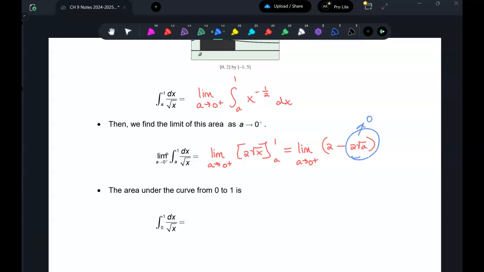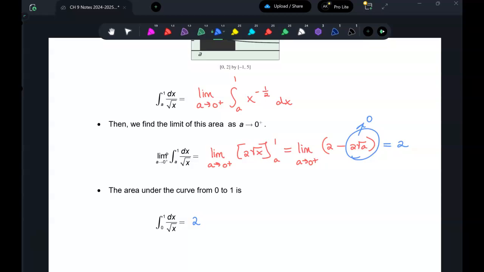So therefore, the area under the curve from 0 to 1 is 2. The integral already represents a limit, so it's equal to 2. It's not about 2. It is 2. We don't need an approximate sign.